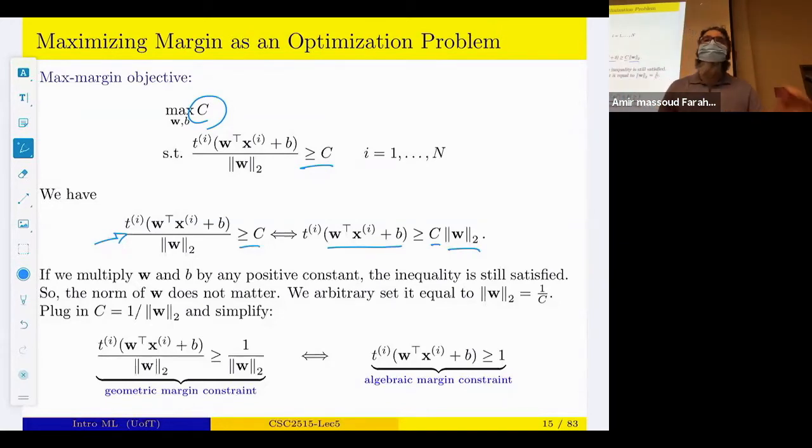If you multiply W and B by any constant, like 5.5, the inequality is still satisfied.